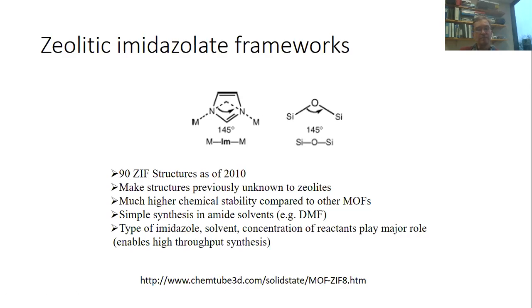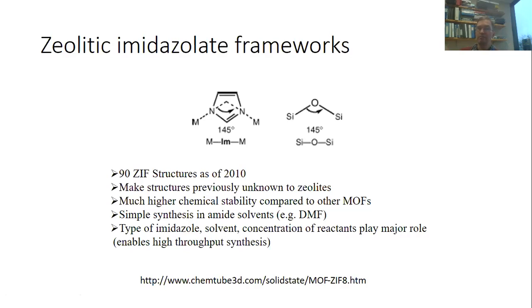So they have some advantages over the carboxylate-based framework. They tend to be more stable. For example, MOF-5 and all the IRMOF-16 that I previously talked about is chemically not particularly stable. It's thermally fairly stable up to 400 degrees Celsius, but chemically not particularly stable.